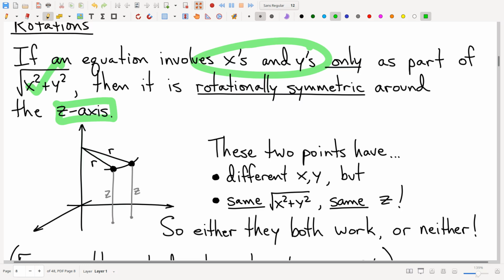So instead of x and y appearing in the special form and getting a rotational symmetry around the z-axis, wouldn't it seem like a reasonable guess that if x and z appeared only in the special form, you'd get a symmetry around the y-axis? So that's actually true.